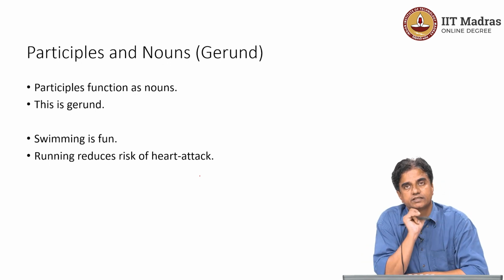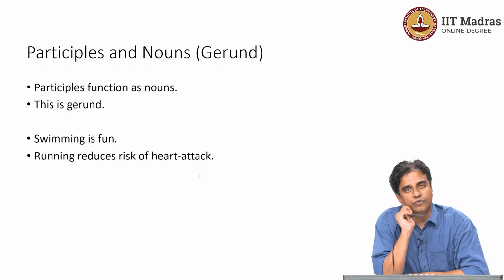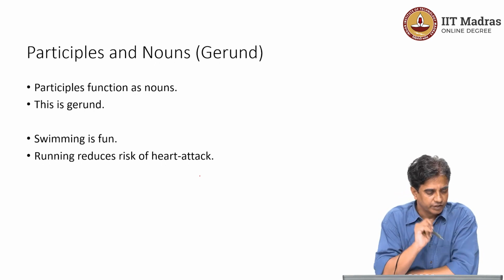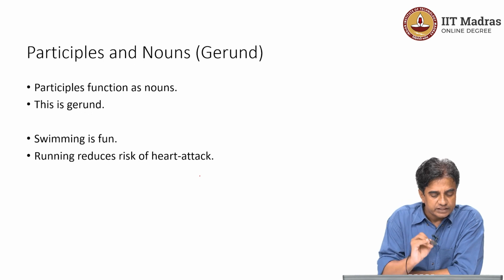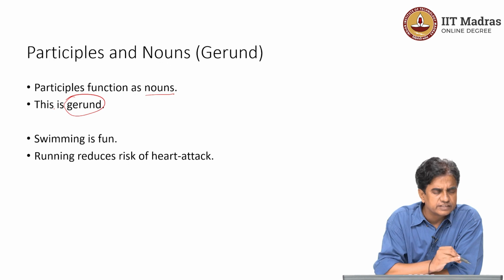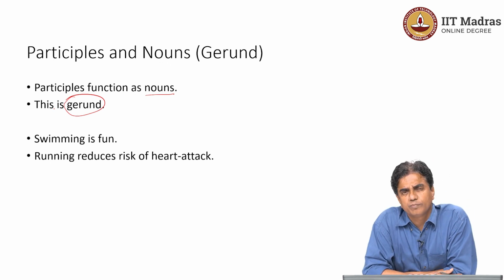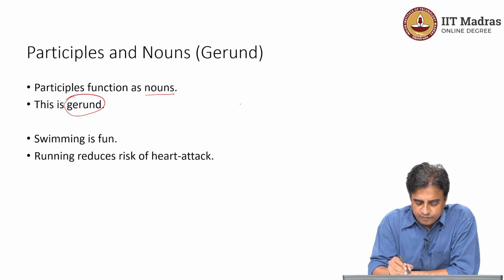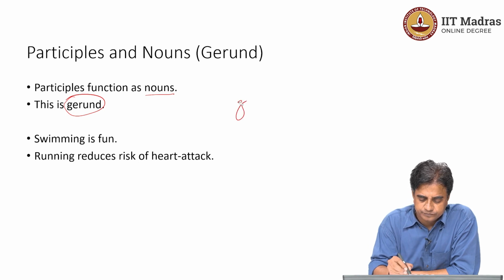Sometimes participles also function as nouns. And when they function as nouns, there is a special term in grammar, not a very complex thing, very simple to understand, and this term is gerund. A gerund is simply a verb with ing.